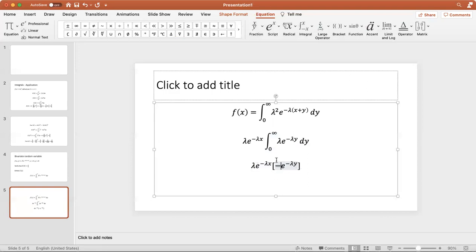If you take the derivative of this expression with respect to y, you get lambda e raised to negative lambda y. So by inspection, this is correct.